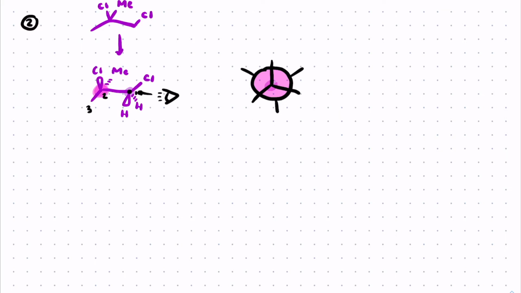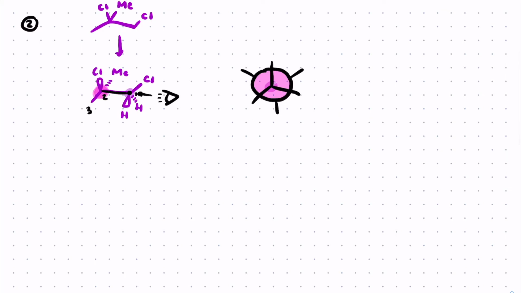So if you're looking straight on like that, the thing that's on the top, right, is that chlorine. So let's put that on the top. We have a chlorine right here. That is the chlorine that's on top there, and I'm going to highlight it in pink. And then the other two things that are on the bottom, down here and down here, are hydrogens. So it doesn't matter which side we put them on.